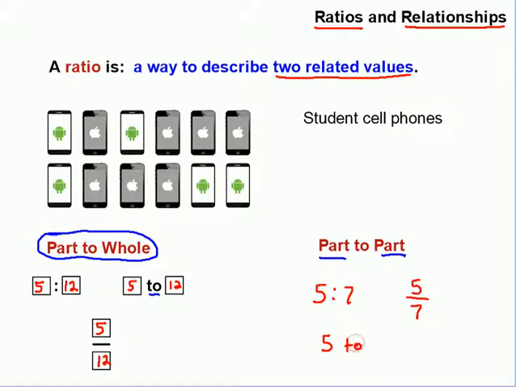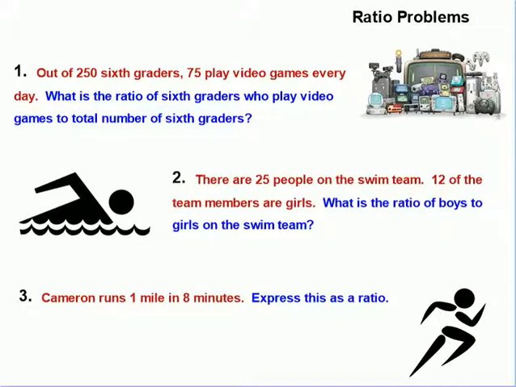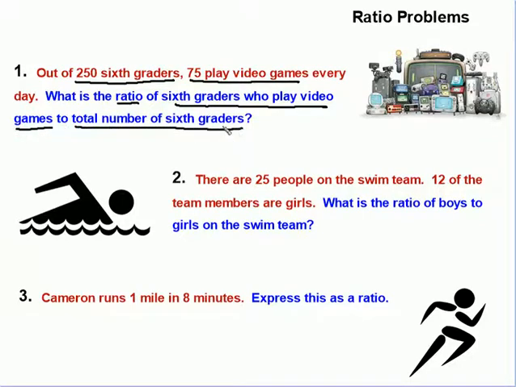Now let's use word problems to think about ratios. Out of 250 sixth graders, 75 play video games every day. What is the ratio of sixth graders who play video games every day to the total number of sixth graders?